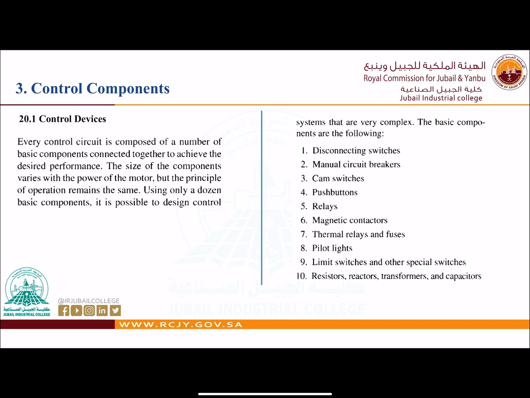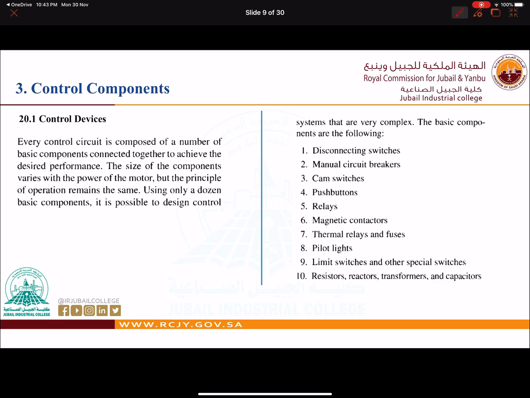Okay, disconnect switches. A disconnect switch is like the circuit breaker. Manual circuit breakers: manual means that it does not trip, so you can only turn it on or off by yourself. Cam switches are used to have two operations, let's say forward and reverse.